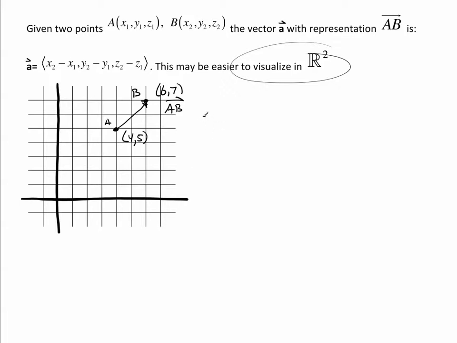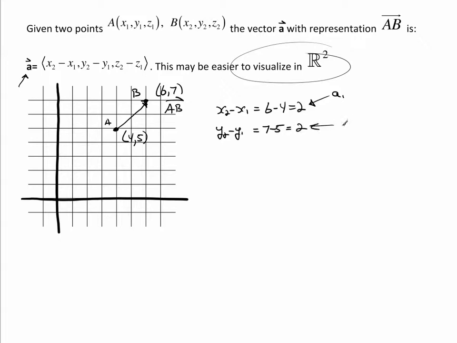So if I simply take x2 minus x1, that's going to be 6 minus 4, which is 2. That is what I'm thinking of as A1 for my vector A. And then if I take y2 minus y1, I'll have 7 minus 5, which is also 2.